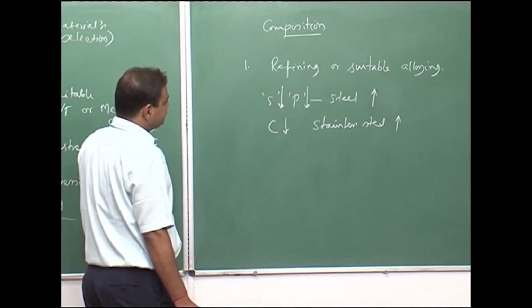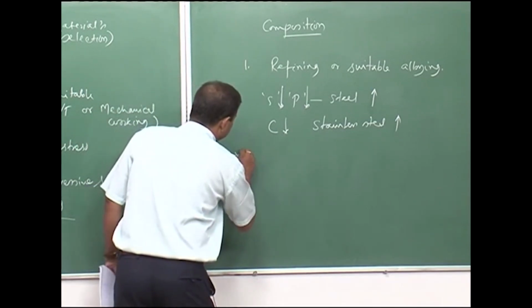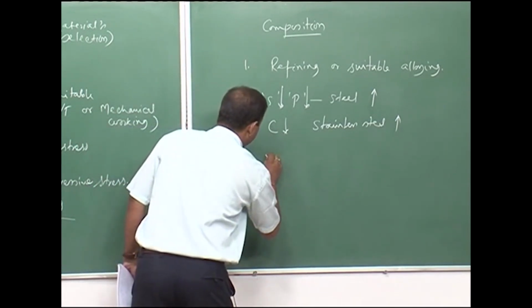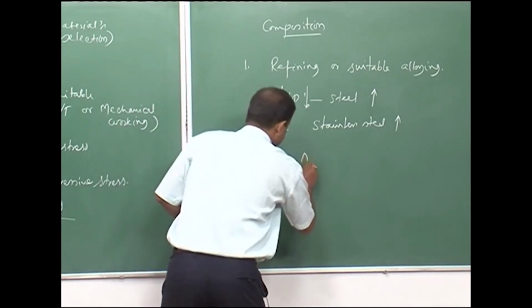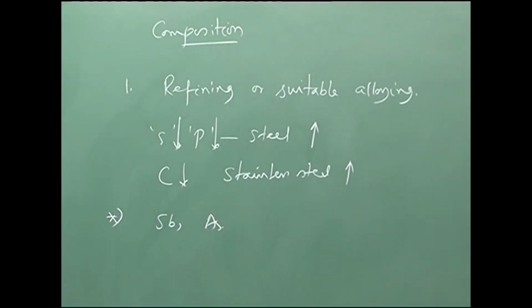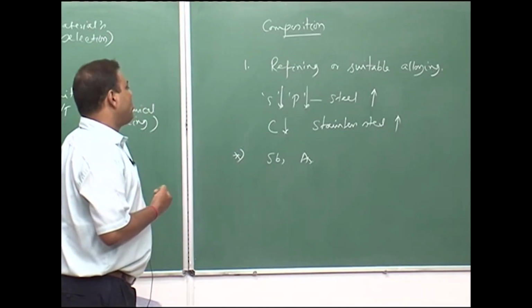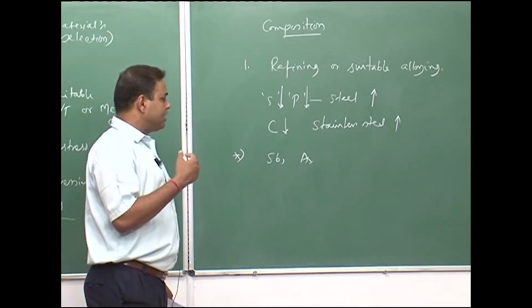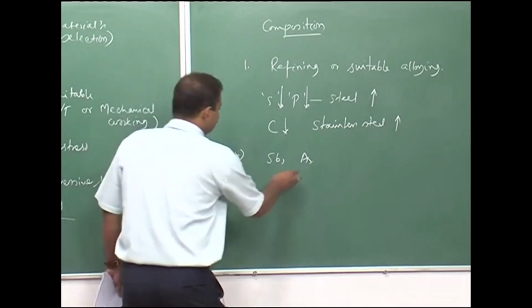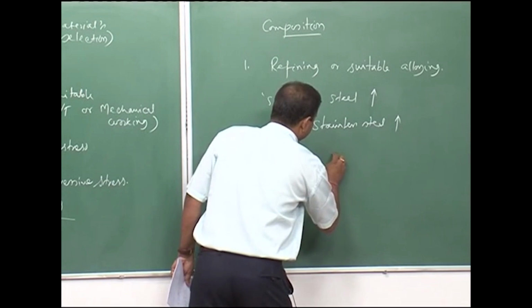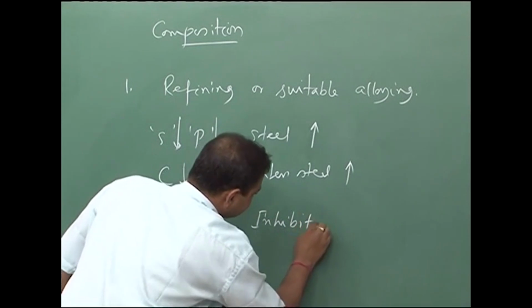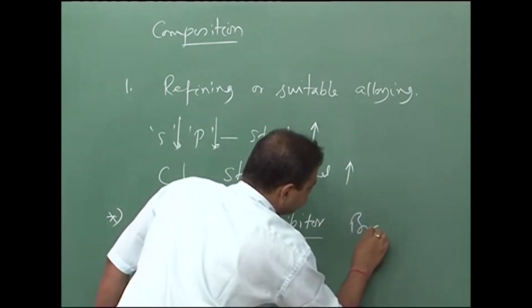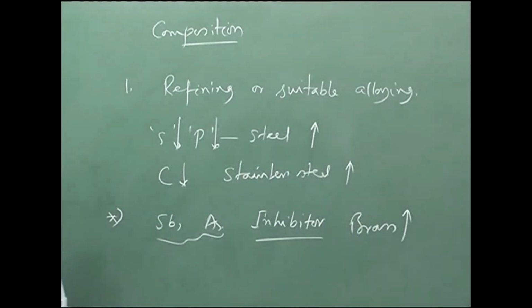The alloying addition, for example, we have already seen that Sb, that is antimony, or a small amount of arsenic or antimony addition in brass, improves the corrosion resistance of brass, or it can protect the brass from de-alloying or dezincification. So, this sort of alloying elements act as inhibitors. So, this is brass, resistance improves again.